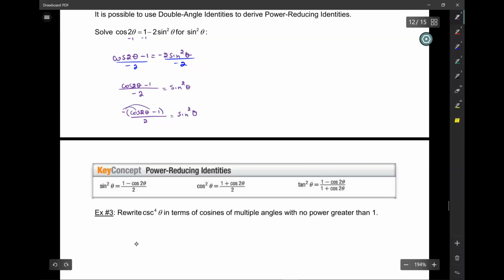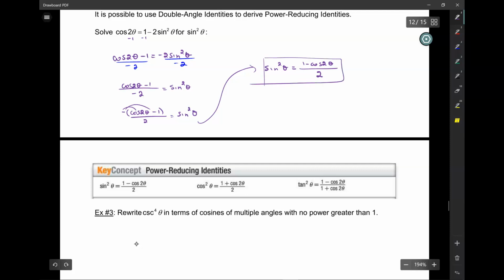And then I can distribute the negative, and I can say sine squared theta is positive 1 minus cosine 2 theta. We always like to write the positive one first and then the negative because it never looks good to have a dangling negative in the front, right? Over 2.